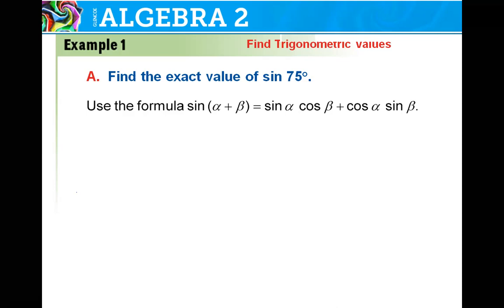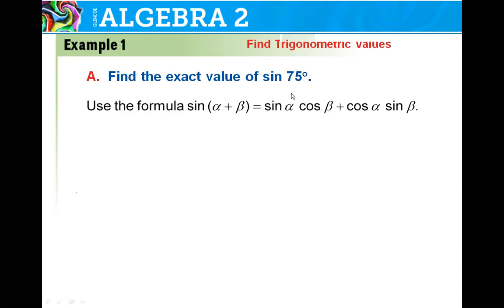If we have 30 or 60 or 45, we know the answers. Sine 30 is half, cosine 30 is root 3 over 2, and sine 60 is root 3 over 2, cosine 60 is half, and so on. Sine 45 is 1 over root 2, or root 2 over 2, sorry. So it's famous angles.